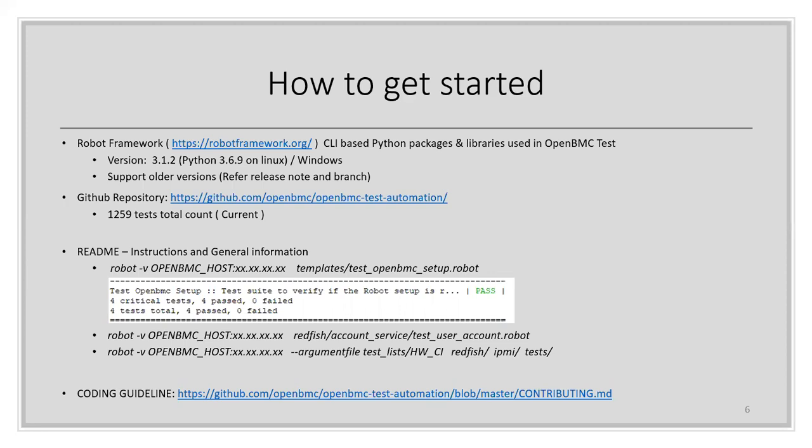Robot Framework fit into the scheme of things, so we picked it up for the OpenBMC test. It doesn't mean that down the line it may not change, but at the moment, this is the best thing that we have.